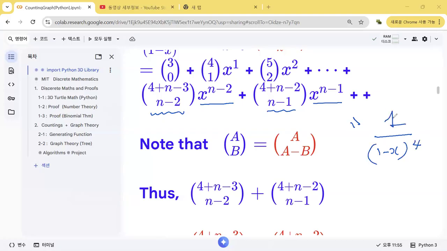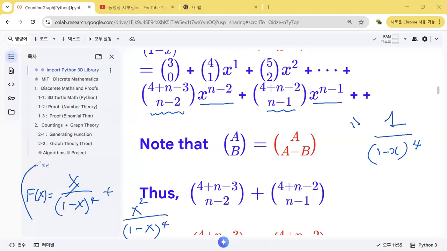Then f of x can be split into two parts: x over 1 minus x to the fourth, plus x squared over 1 minus x to the fourth. And we want to find the coefficient of x^n.